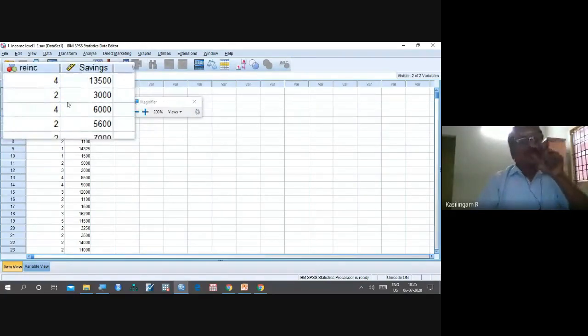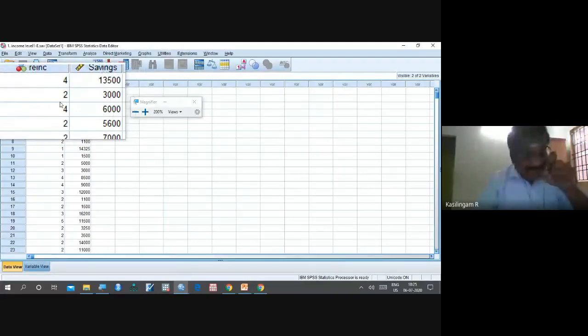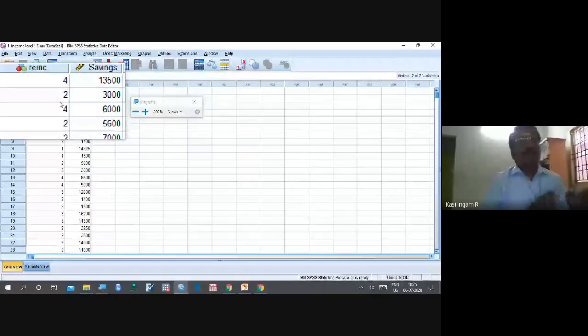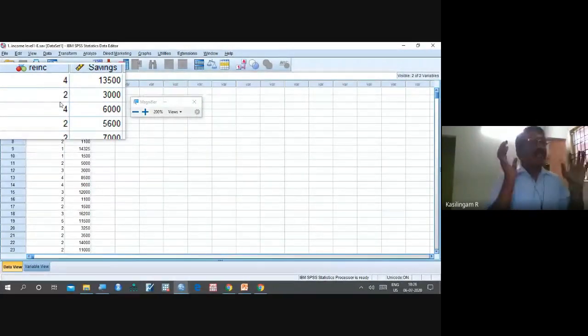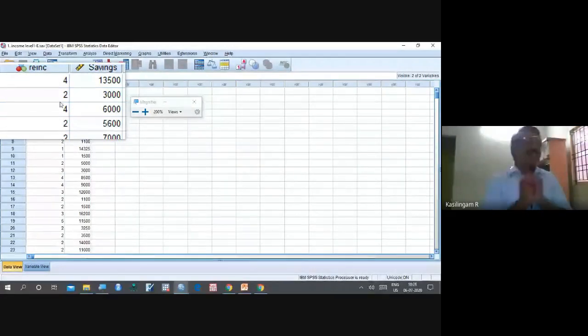So for the first variable, income category, we cannot find out the mean. If you find out the mean, you will get 1.2, 1.3 like that, which is not meaningful. So we call it a category variable. Only categories are available. Options are given, for which we have given numbers. The number represents which category they belong to. It is not their actual income.